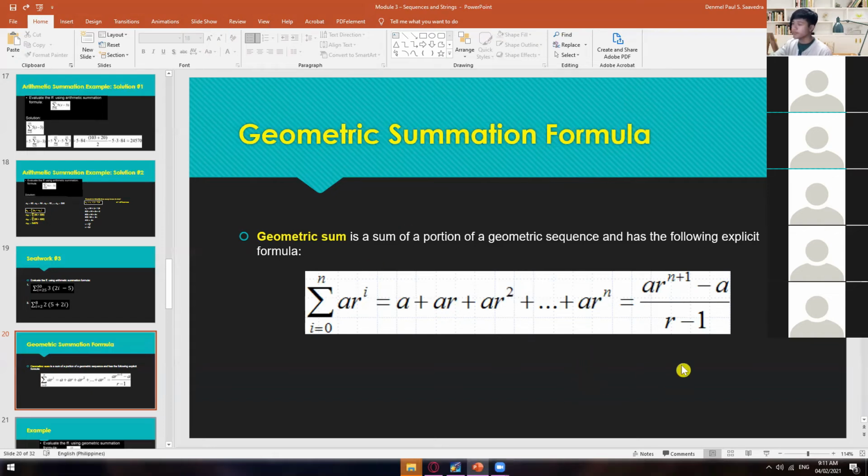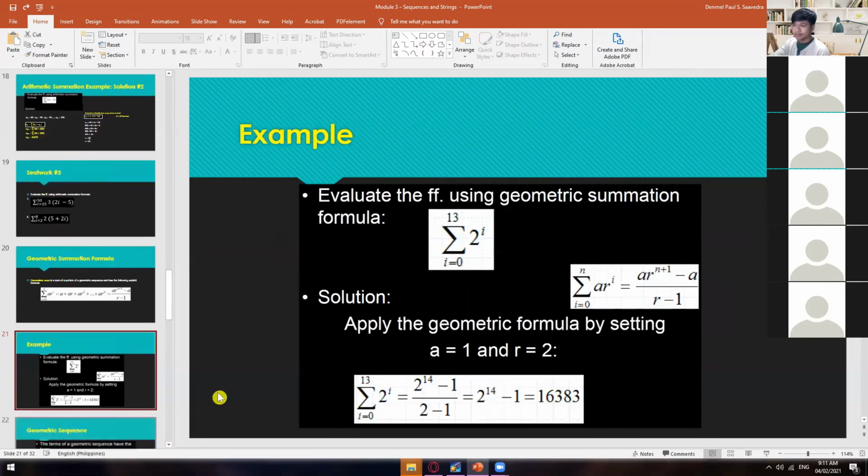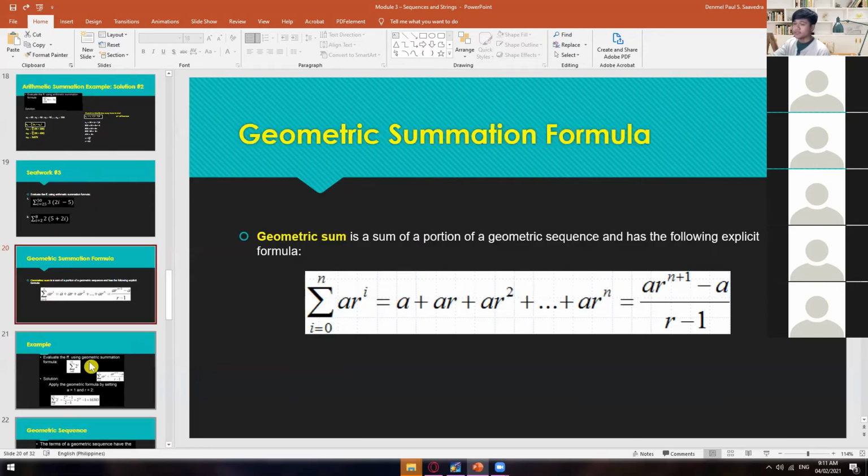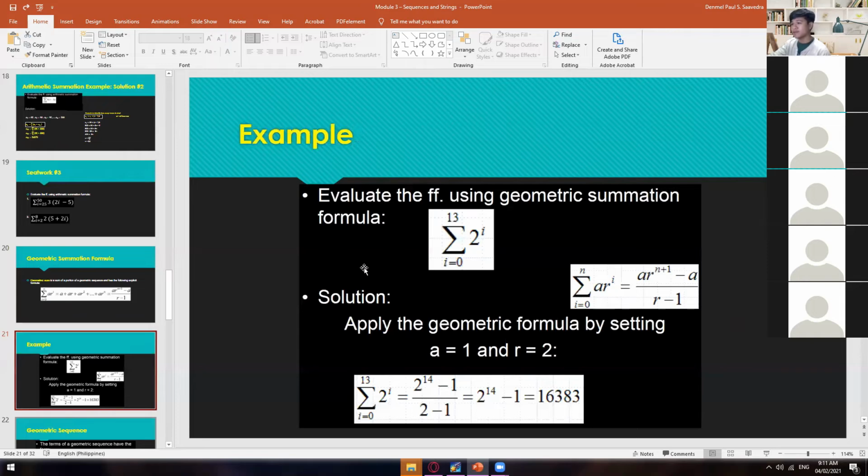All right, so for now, I'll leave the memorization part to you later on. For you to understand this one a little bit more, we have this example. Evaluate the following using geometric summation formula. We have here starting from 0 up to 13, and then we have this given formula: 2 raised to i.